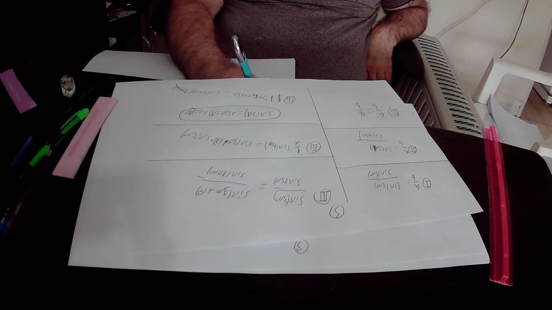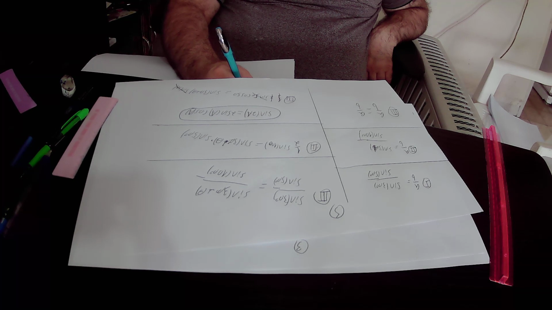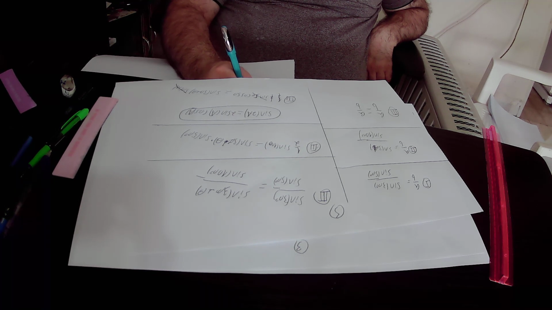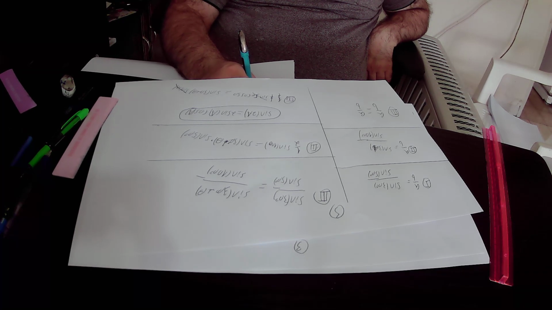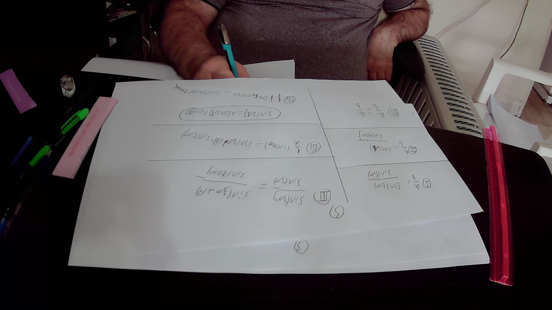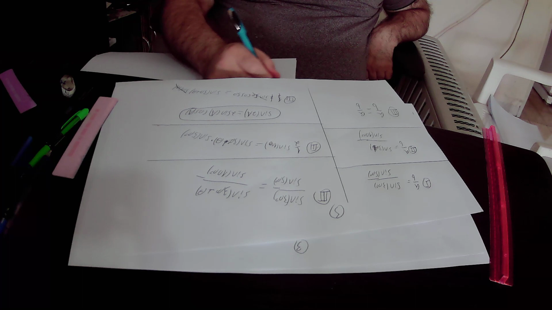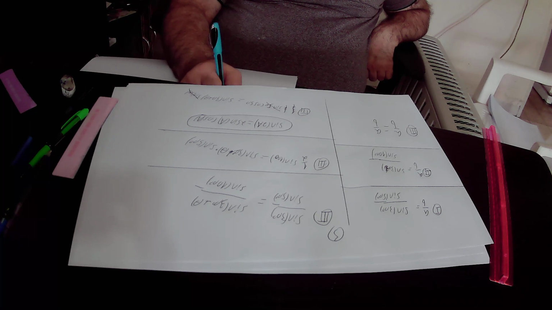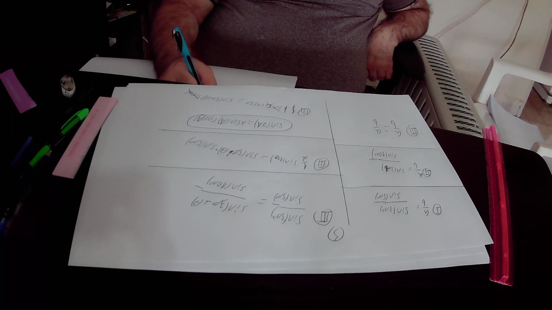According to equation number 3, we are left only with cosine 50 degrees that equals sine 30 degrees plus theta.